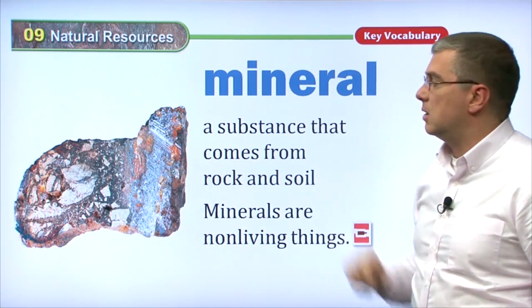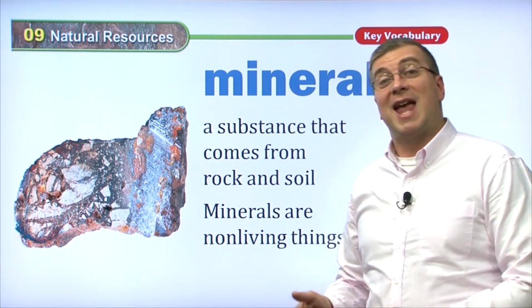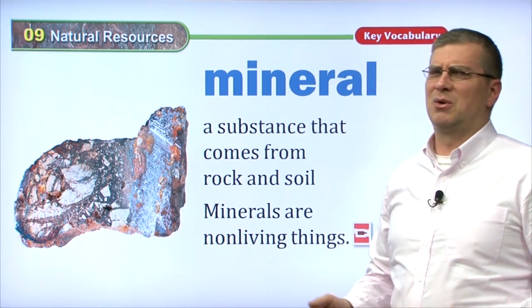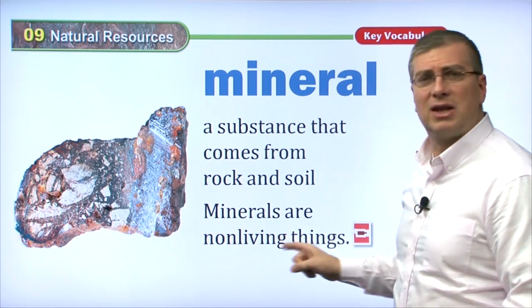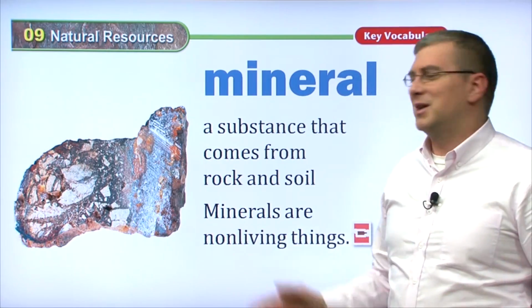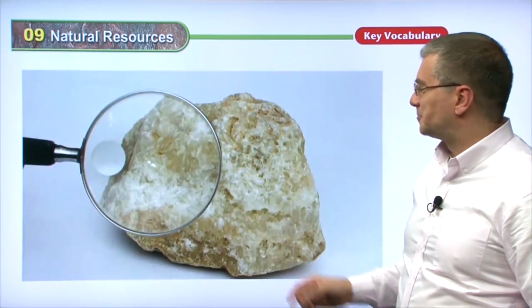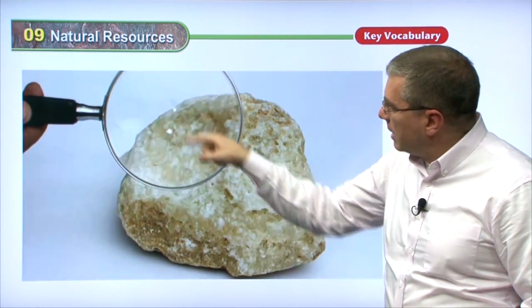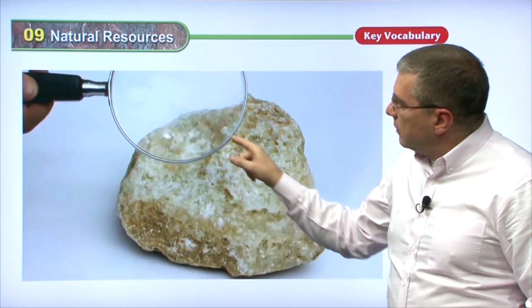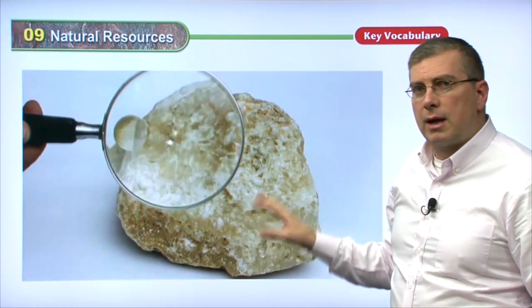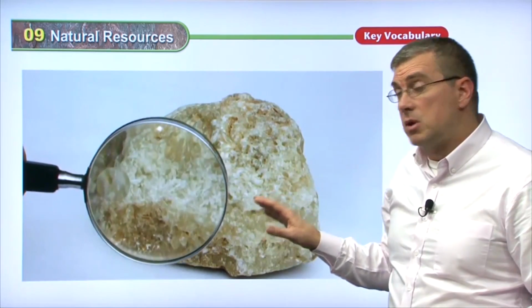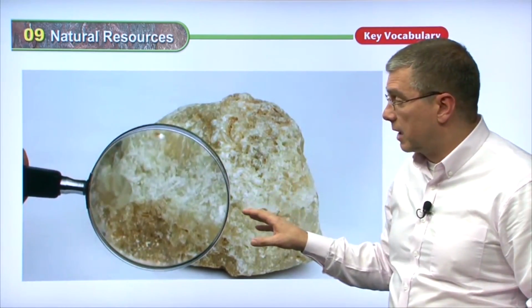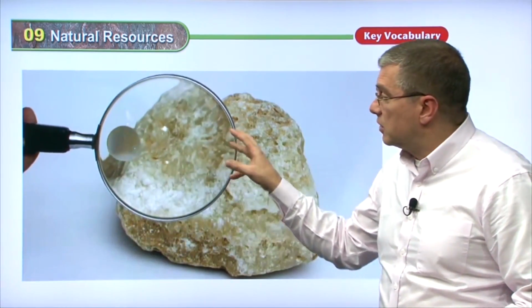Let's take a look at a video of a mineral. Now, it might not be an exciting video because minerals don't do anything. They are non-living things. They don't move. But let's take a look at the video, okay? This, of course, is a mineral, and we can see it through a magnifying glass. If you take a magnifying glass and you look at minerals, some minerals are very beautiful and very interesting to look at because they have certain shapes.